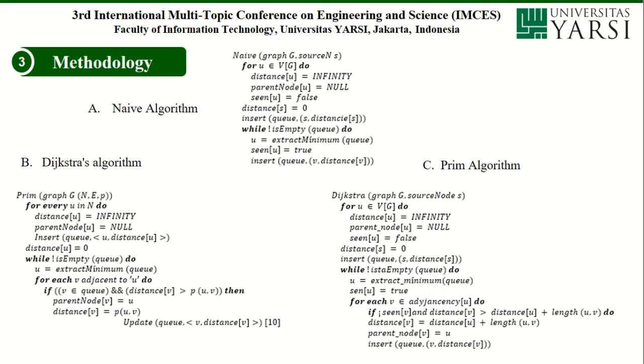Here, we have the Prim algorithm that, given a connected graph, not directed and weighted, finds a minimal expansion tree.